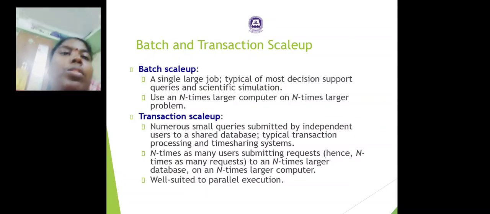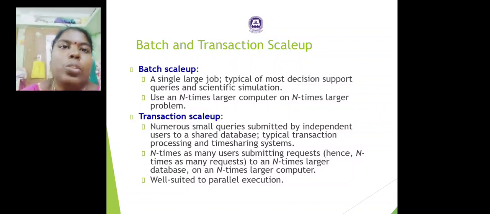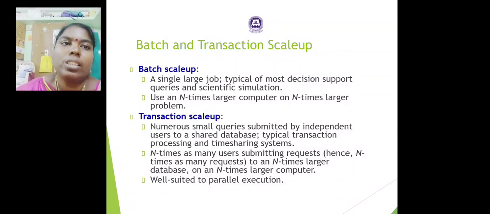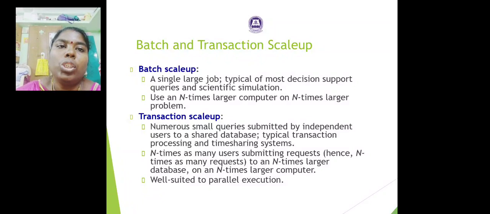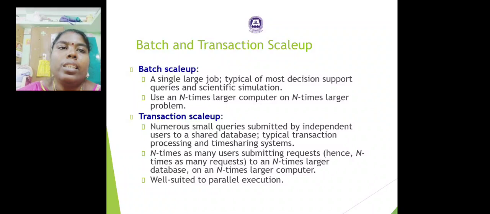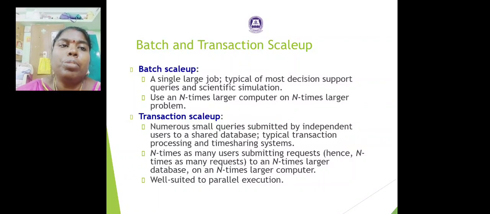Scale up is also specified into two types: batch and transaction scale up. Batch scale up means a single large job, typical of most decision support queries and scientific simulations, which uses an n times larger computer on an n times larger problem.